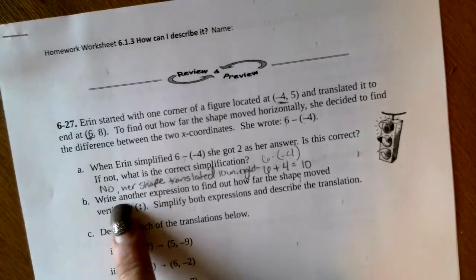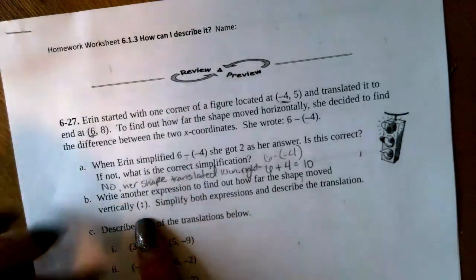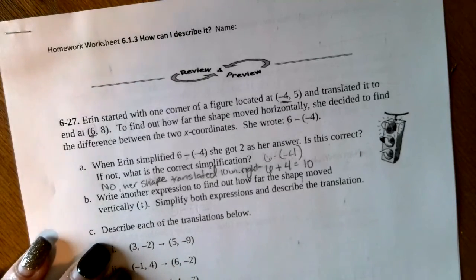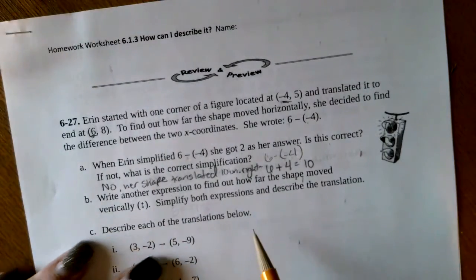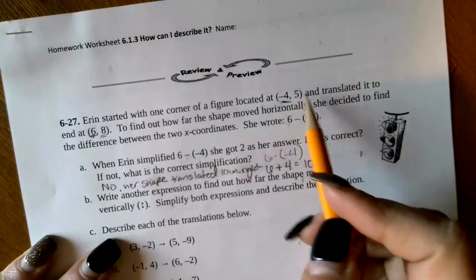For letter B, it says write another expression to find out how far the shape moved vertically, meaning up and down. Simplify the expression and describe the translation. For this one, instead of looking at the x values, we're now going to look at the y values, the 8 and the 5.